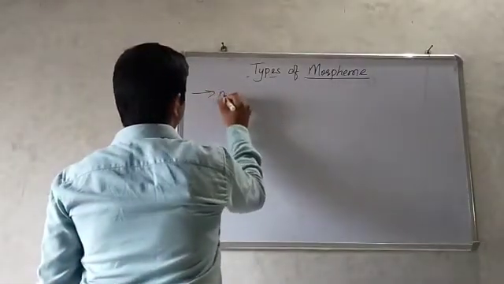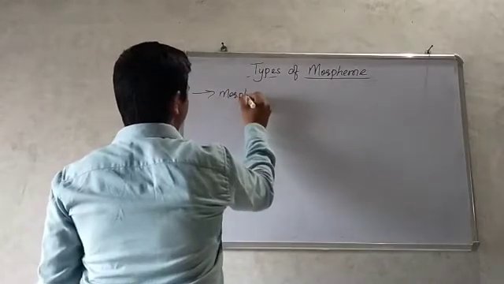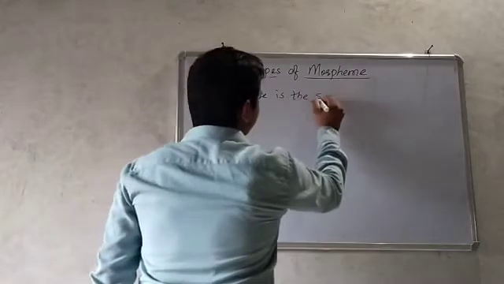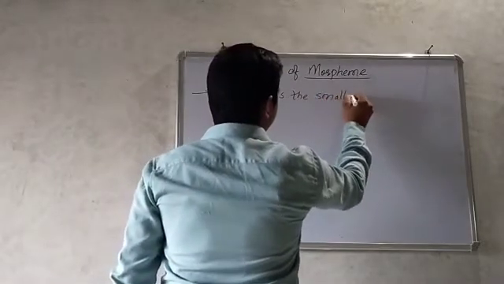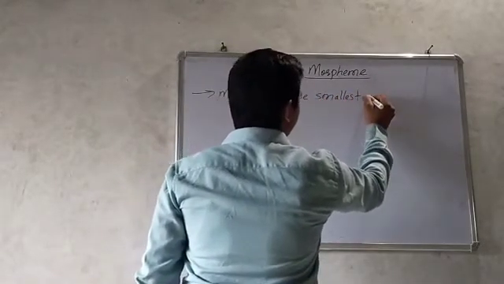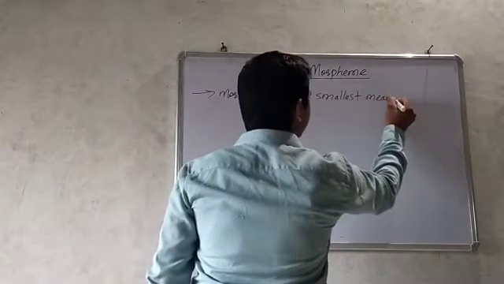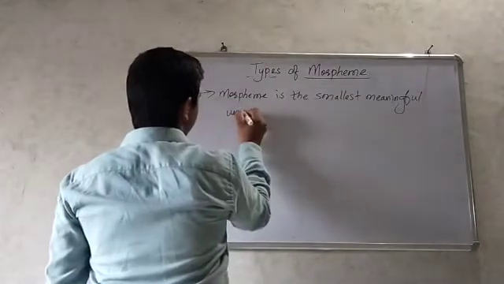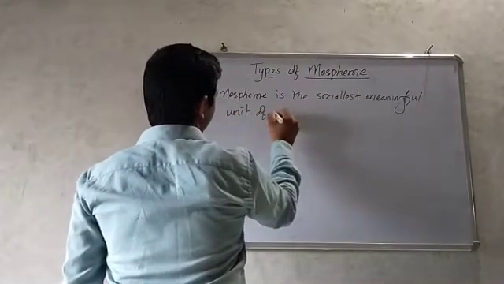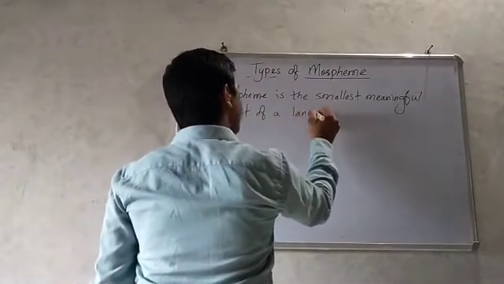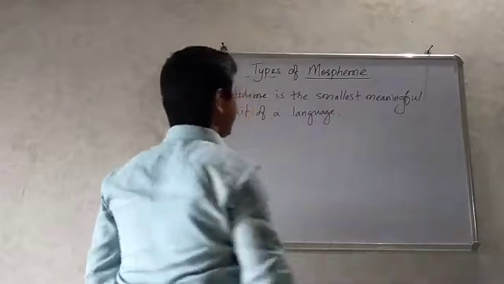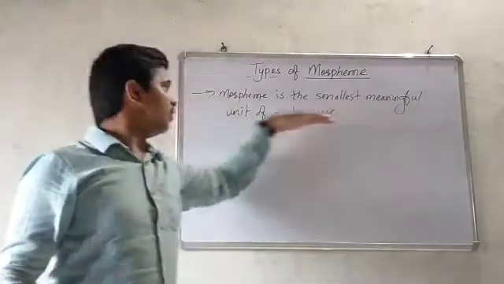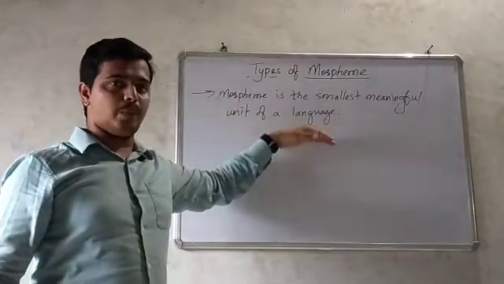Morpheme is the smallest meaningful unit of a language.